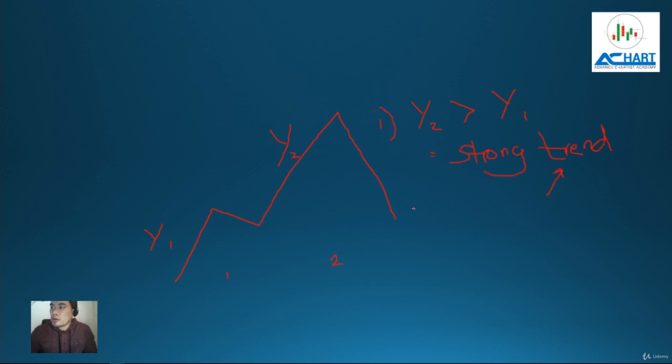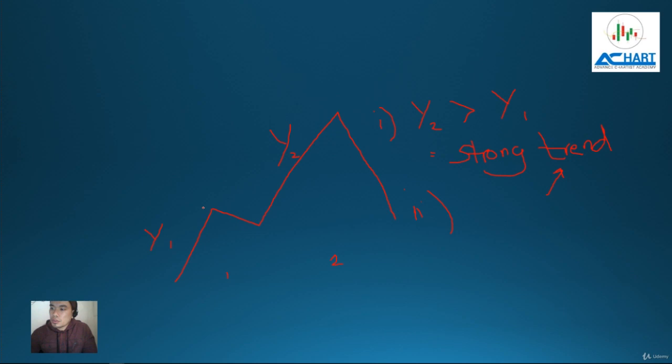But in terms of power, what we can see about power here is that the first loop retraced less than the second loop.